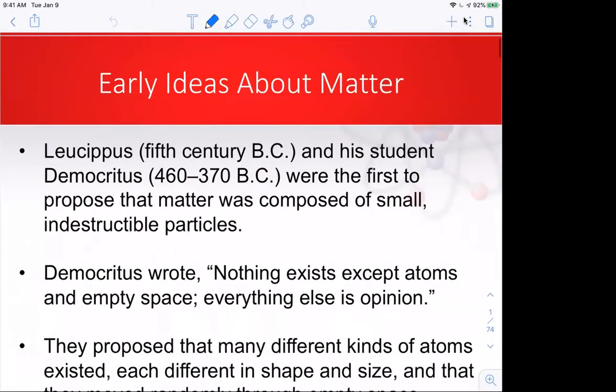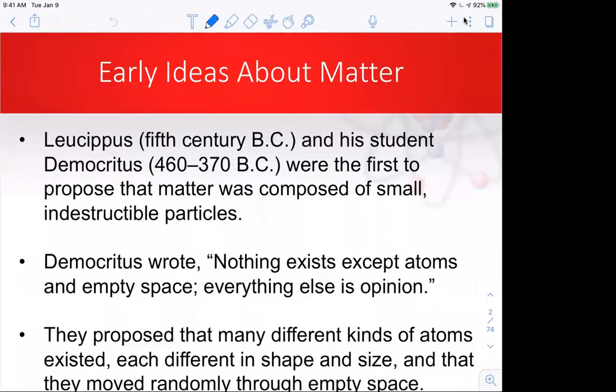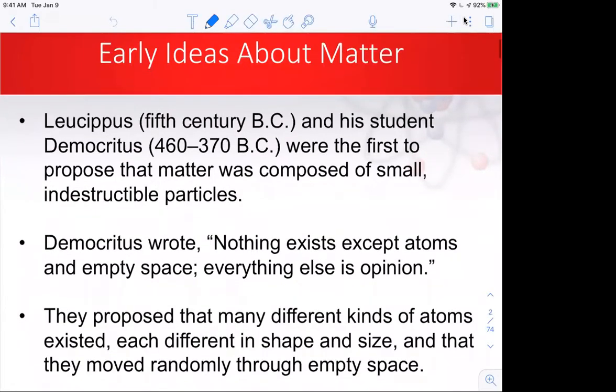We're going to go quickly through the development of atomic theory, and it starts in ancient Greece, where we have Leucippus, who was active in the 5th century BC, and then his student Democritus.